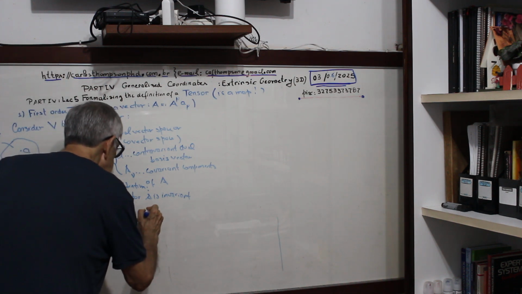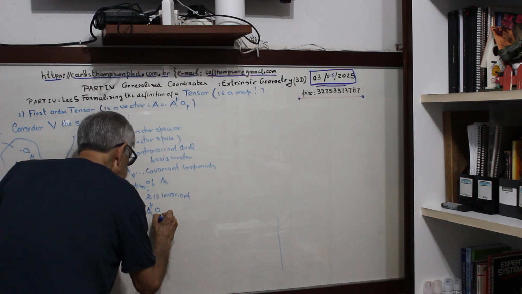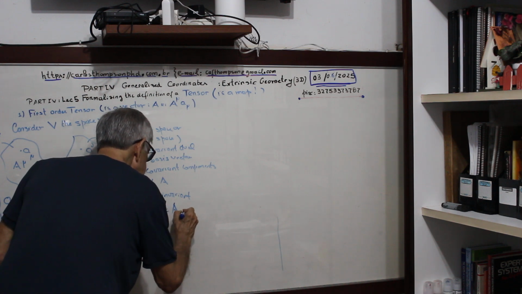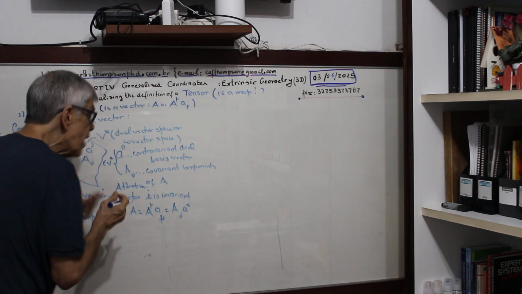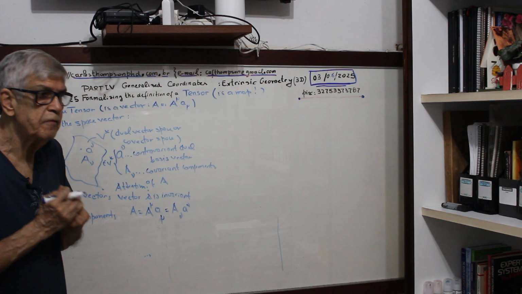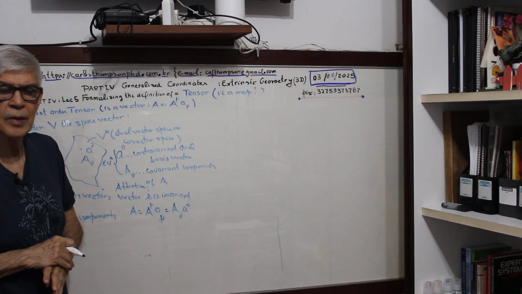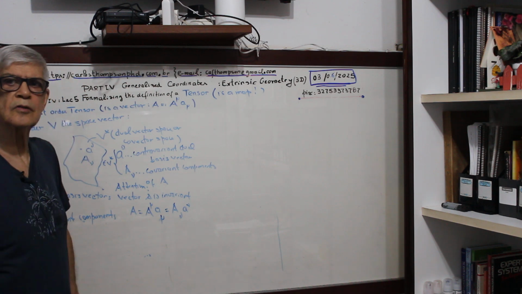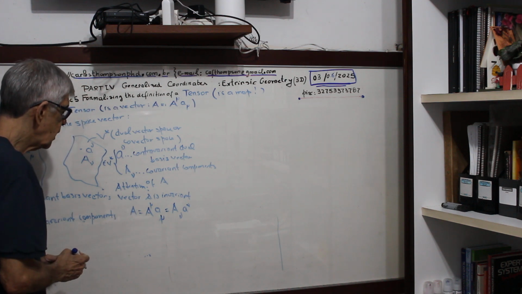This will be A mu, e mu. This is the same vector, A nu, e nu. I can express the vector using any coordinate system. We emphasized this in previous videos, that A is invariant.